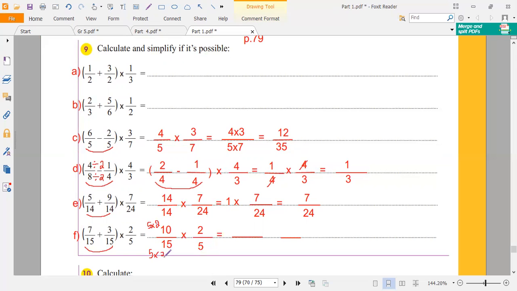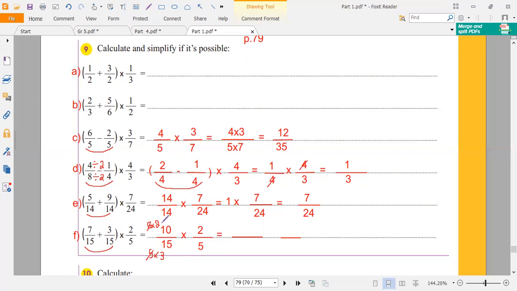So we simplify by 5. Now can we simplify 2 and 5? No. 2 and 5 also no. 2 and 3 no, so we cannot simplify.